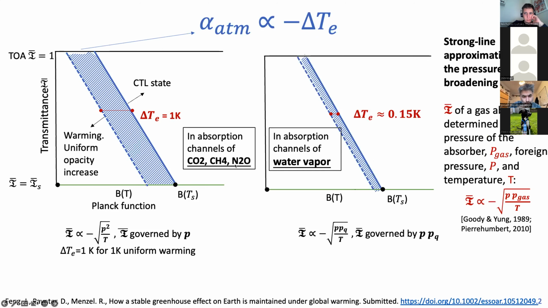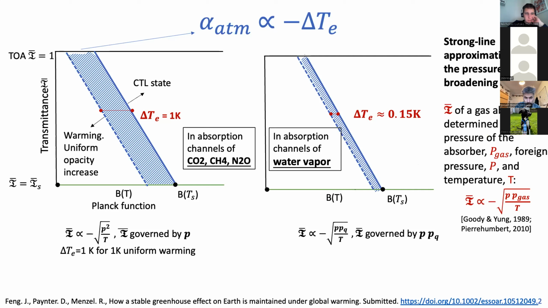And for water vapor absorption, the same logic still applies. Although different from well-mixed gases, the partial pressure of water vapor is determined by temperature following the Clausius-Clapeyron equation for a given fixed RH. So without considering the dependence of foreign pressure, the two lines shown here should overlap each other perfectly.